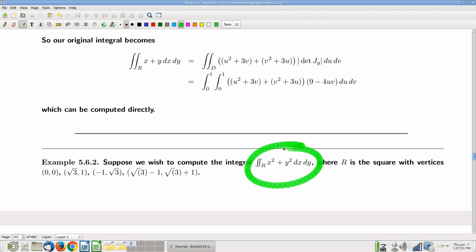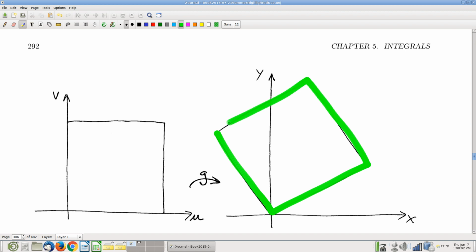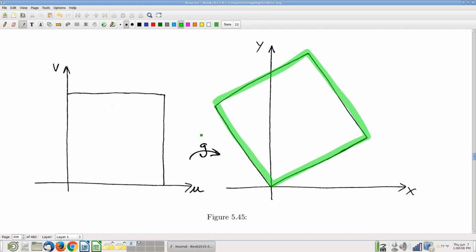Okay, next question. Here's another double integral I want to compute. My domain is a square with vertices at these locations, and so our domain is this square.